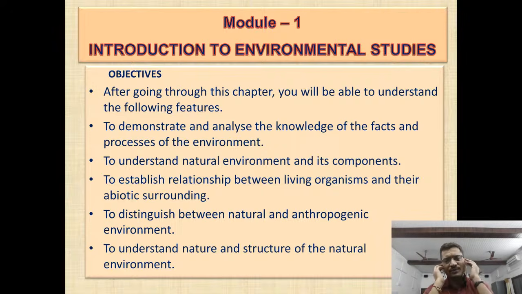My dear students, the natural environment is made up of four different spheres. Number one is the sphere of land, which we call the lithosphere. Number two is the sphere of water, which we call the hydrosphere. Number three, the sphere of gases around us, is the atmosphere.